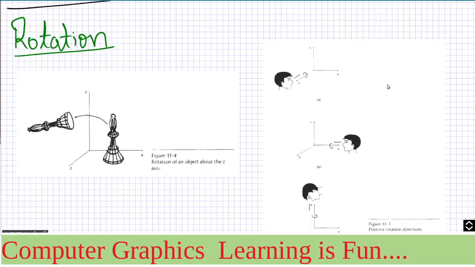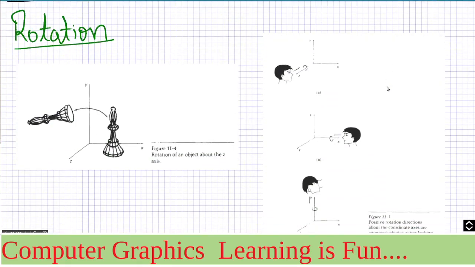The next thing is rotation. Rotation we have already seen in our 2-dimension studies, but here it is different. It is a 3-dimensional rotation. Now it can actually be done corresponding to any axis.